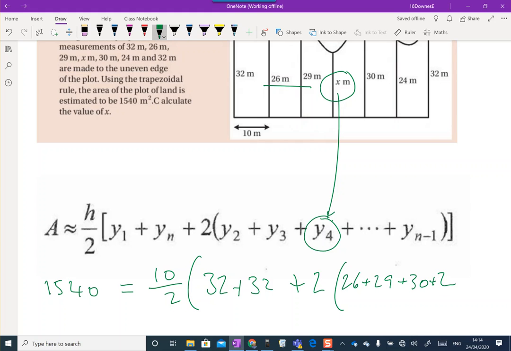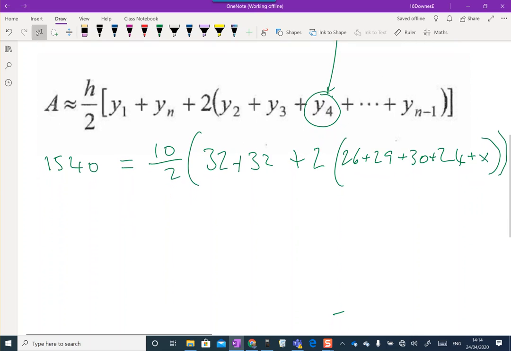Notice I took the values and I rearranged the x out to the end, because that's called applying the principle of commutation for addition. Of course I can do that.